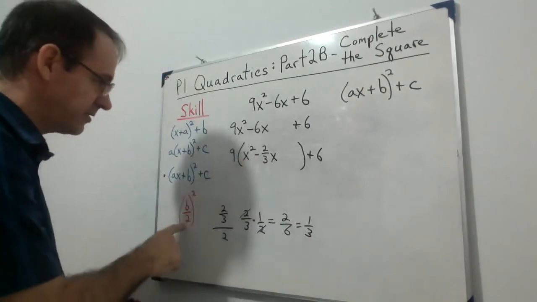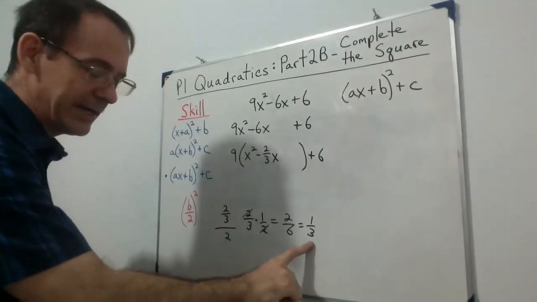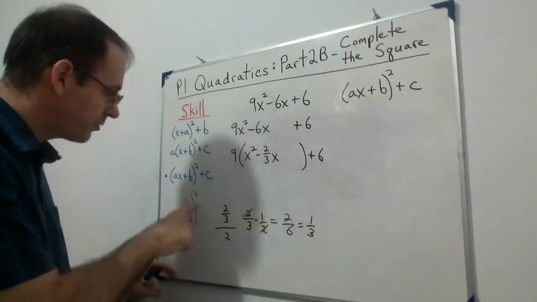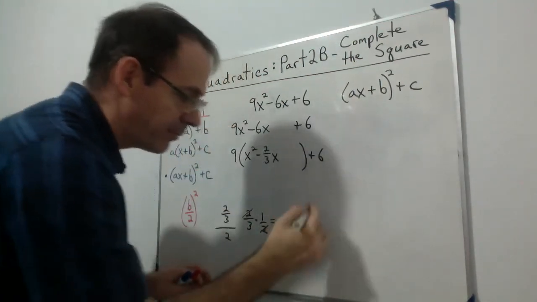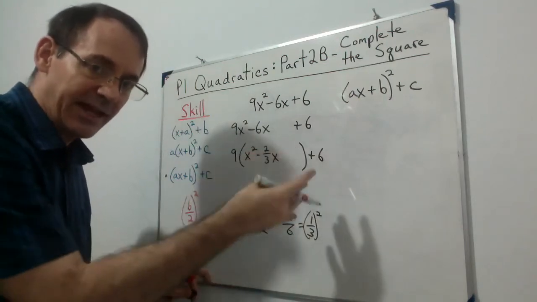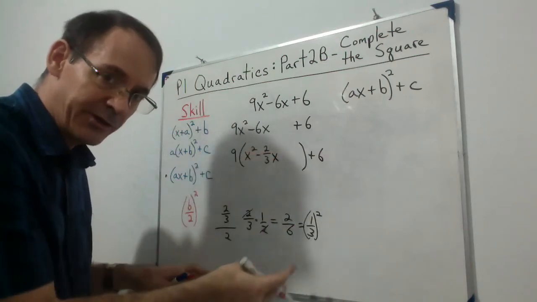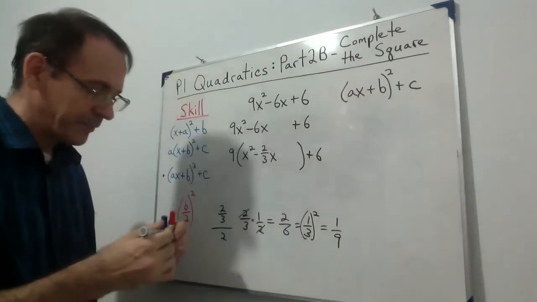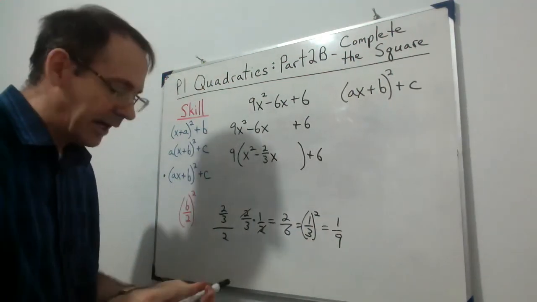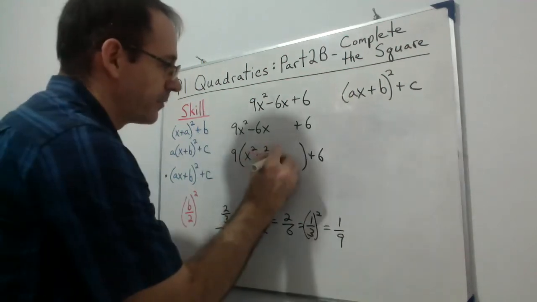So 2/3 divided by 2 becomes 1/3. 1/3 now squared. Remember, when you square a fraction, the exponent distributes to the numerator and to the denominator, and you get 1/9. So 1/9 is our magic number.